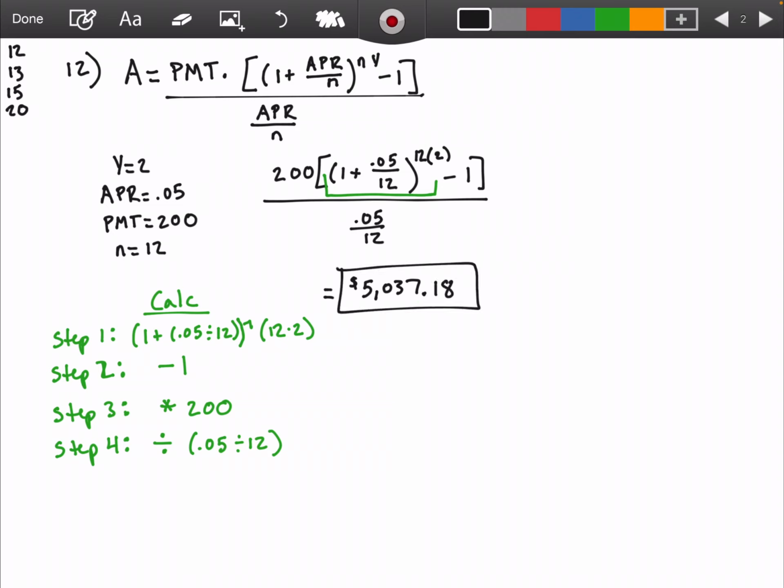You don't necessarily need to break it down in that many steps, but there's less room for calculator error the more steps you break it down into. Fantastic. Okay.